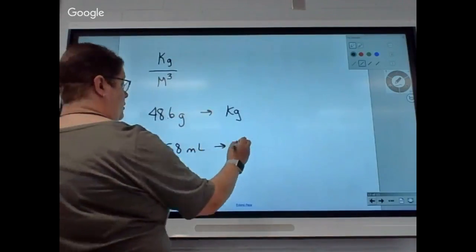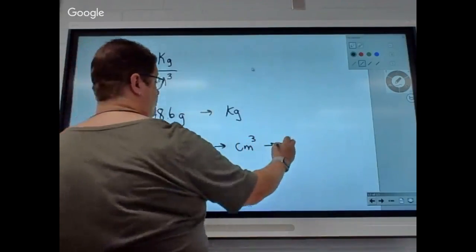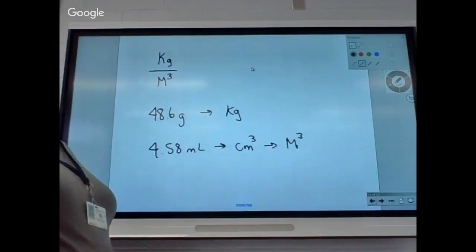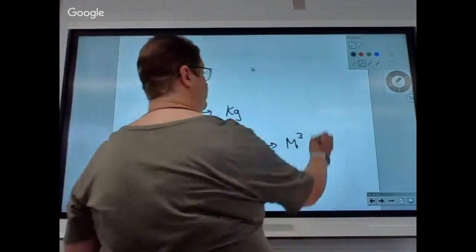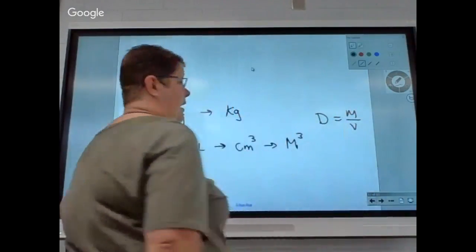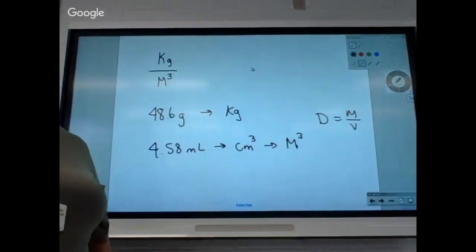Centimeters cubed. And then from centimeters cubed into what? Meters cubed. Once you have that, then you can plug it into what? Then you can do your density equals mass over volume. Okay? You have to do all of that first to then solve. You understand what I'm asking for? Yeah, that's a normal test question tomorrow.